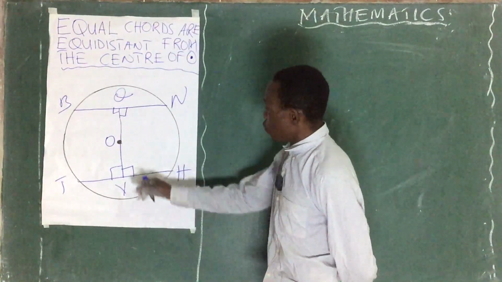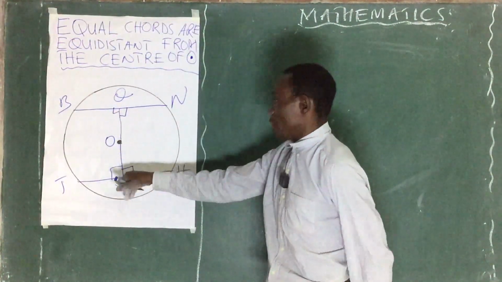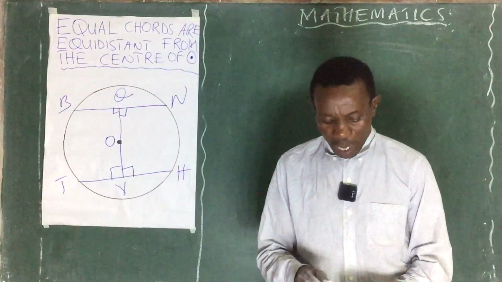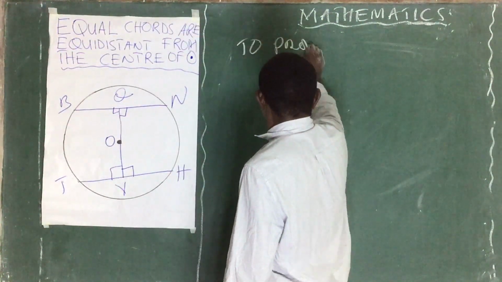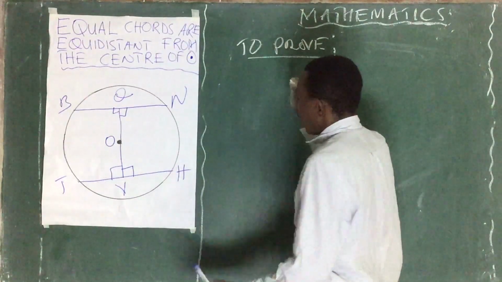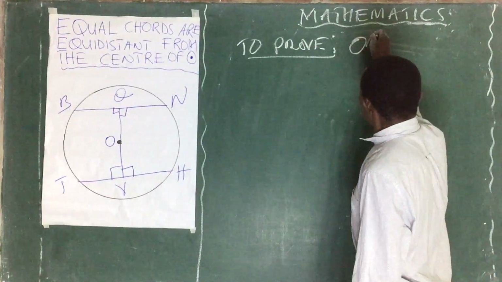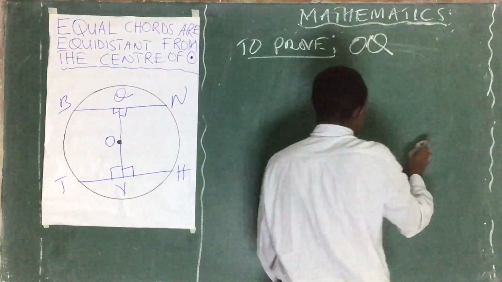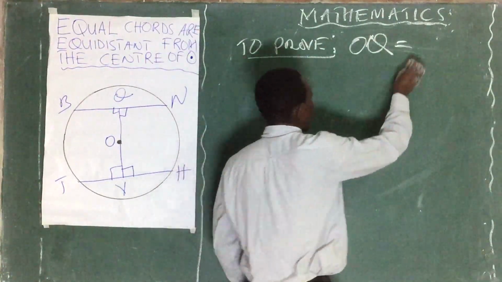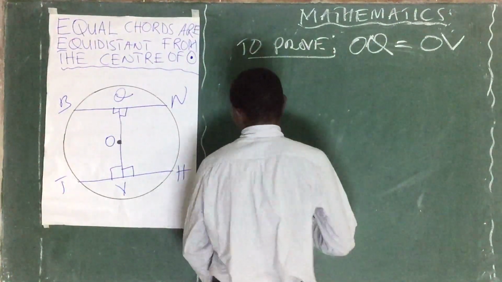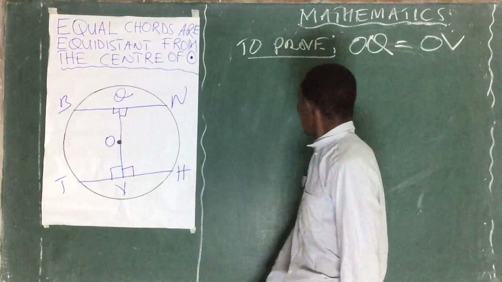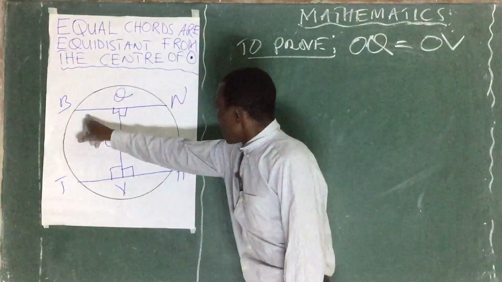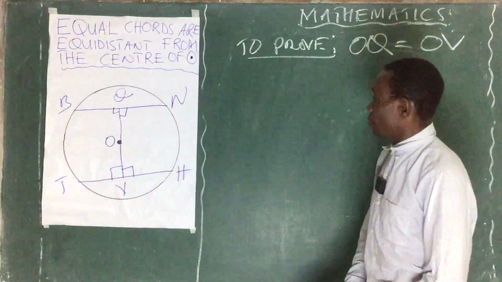So we are going to prove that OQ is equal to OV. OQ is equal to what? OV. That's it. Equal chords are equidistant from the center, taking for granted that BN is equal to TH.